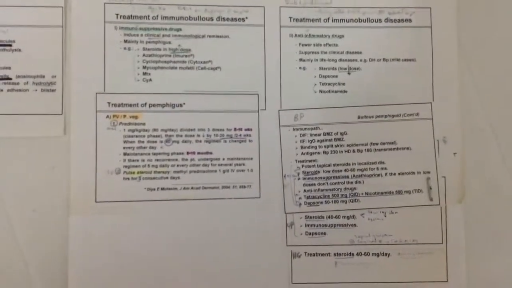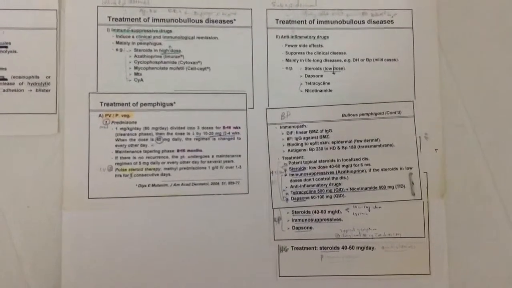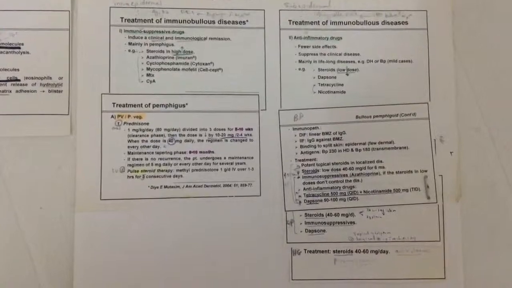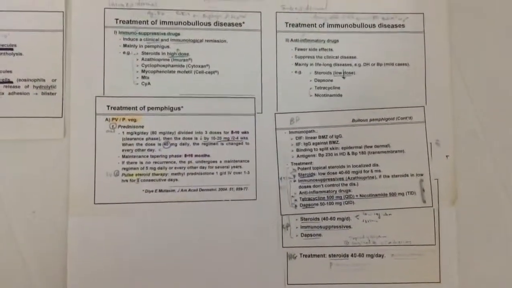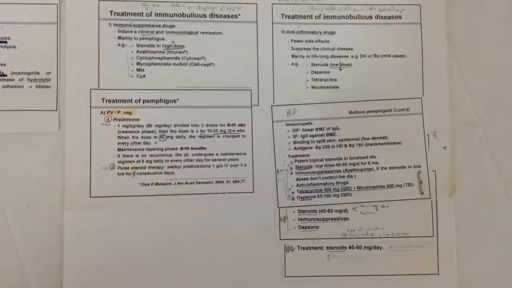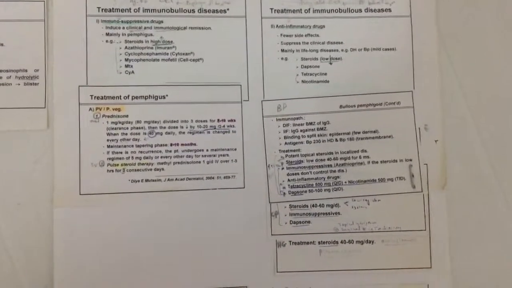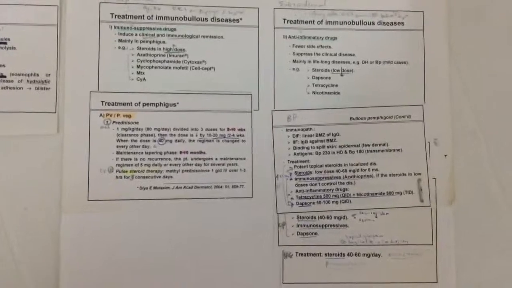For the treatment of immunobullous diseases, there is the pemphigus group and the bullous pemphigoid group. For the pemphigus group, we give large doses of systemic steroid as immunosuppressive, and also others like azathioprine, cyclosporin, methotrexate, CellCept, and cyclophosphamide, which we give as adjuvant therapy.